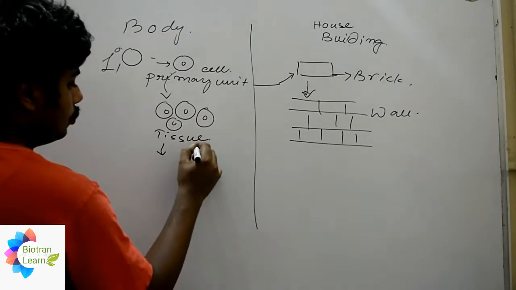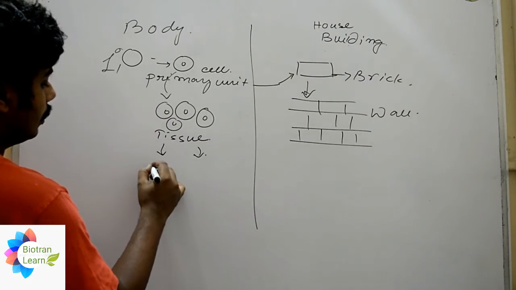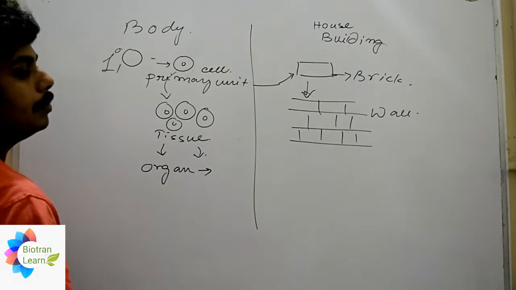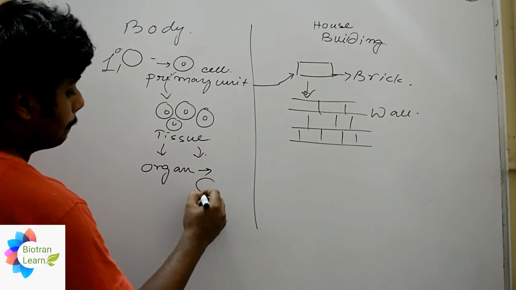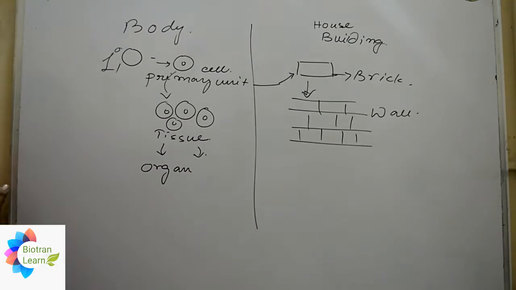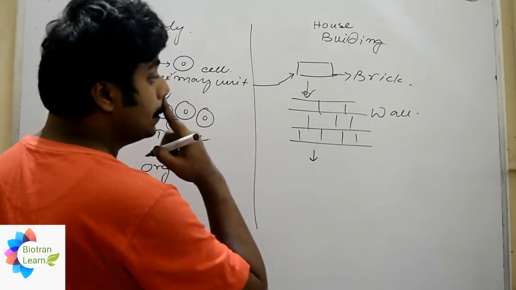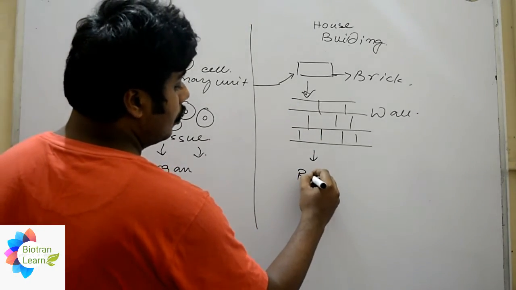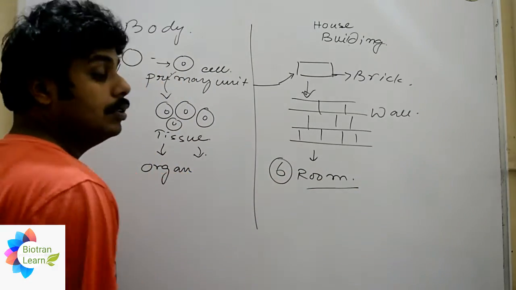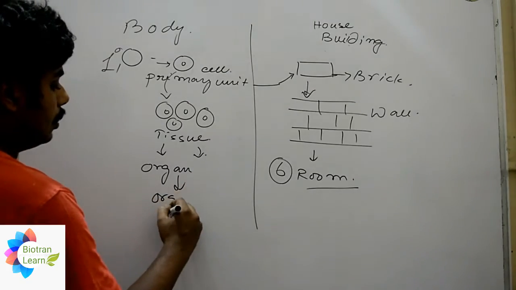Now too many tissues form an organ, maybe like the liver. It doesn't require drawing. So in this case, 4 walls, 6 walls make a room, and many organs form an organ system.